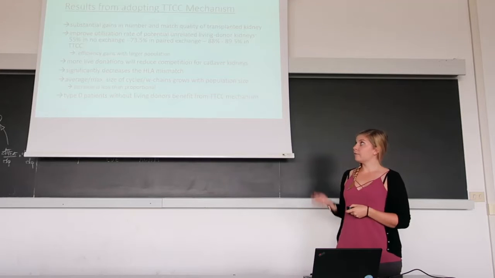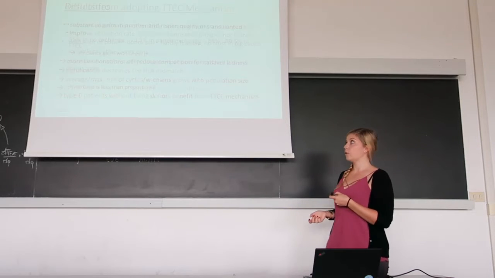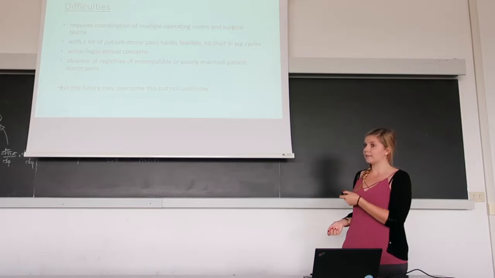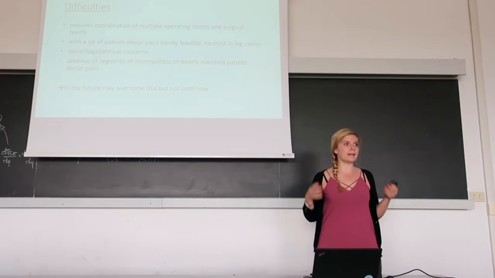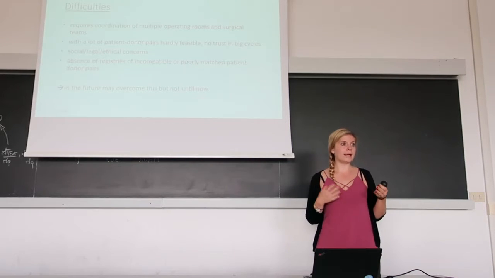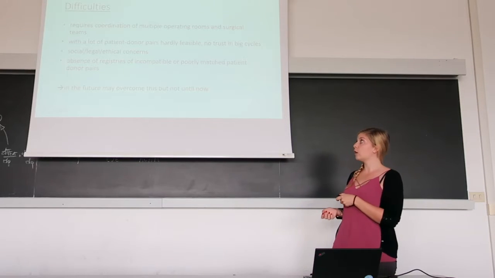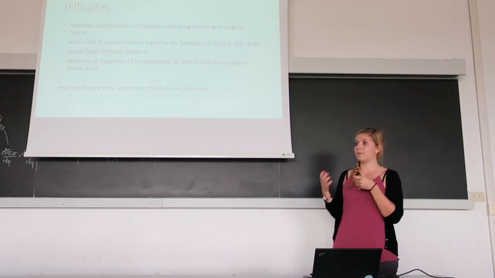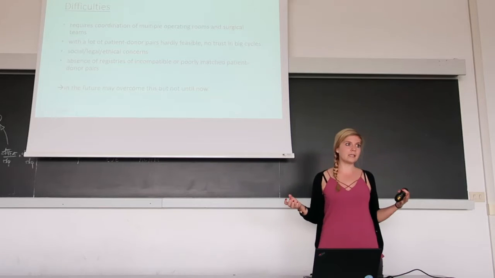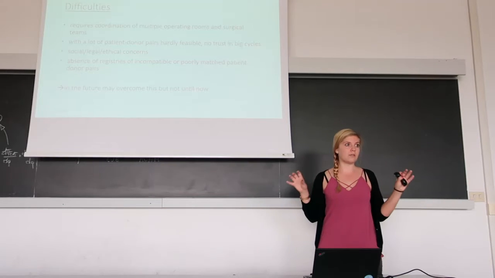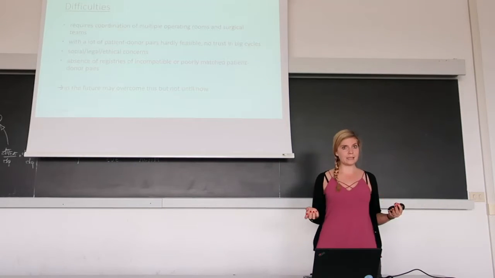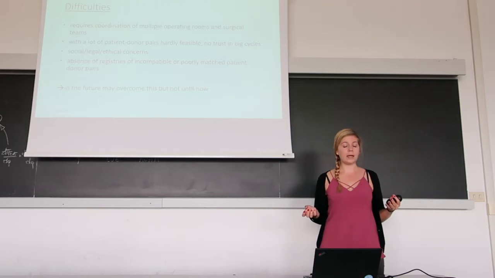That's basically the algorithm. Here I summarized the results again. What I now want to mention at the end, because that's the theory. We have a nice algorithm now which could improve everything. But if we look now at the practice, we see that this increase in chains and cycles, which actually improves efficiency, means that all those transplants need to be acted out simultaneously at the same time.